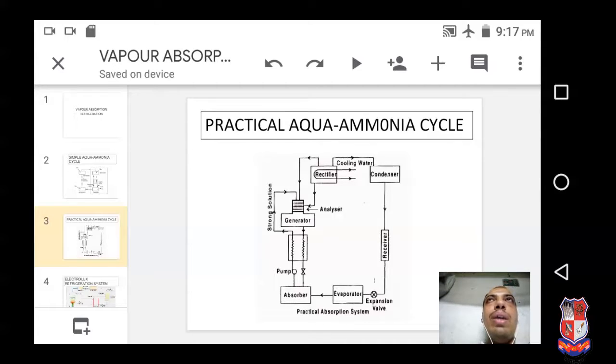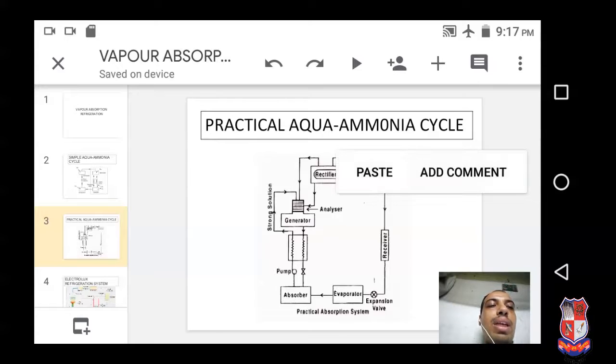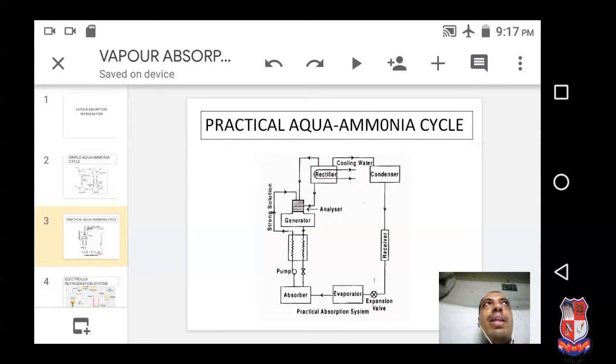We already know that cooling water will condense the water vapor particles. Now we make sure that in the condenser 0% of water vapor is entering, so there is no problem of choking in the expansion device. Okay, so this is the practical aqua ammonia cycle.